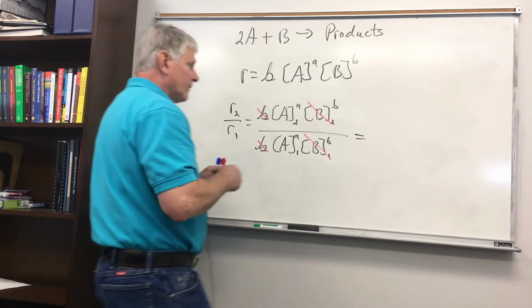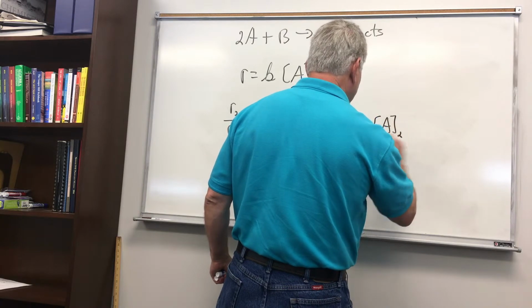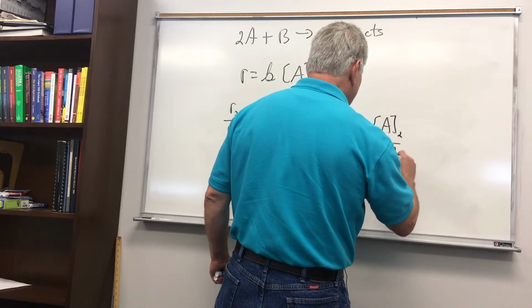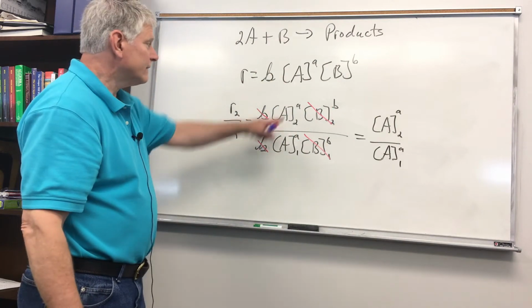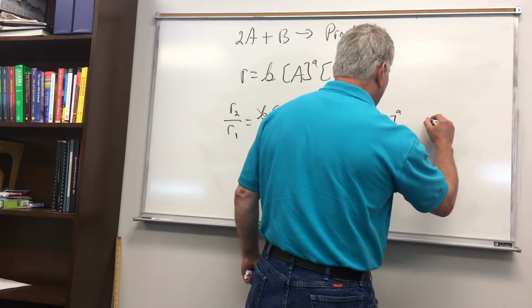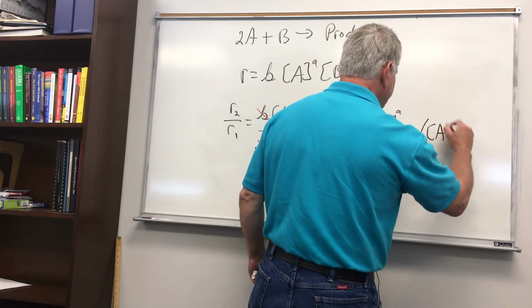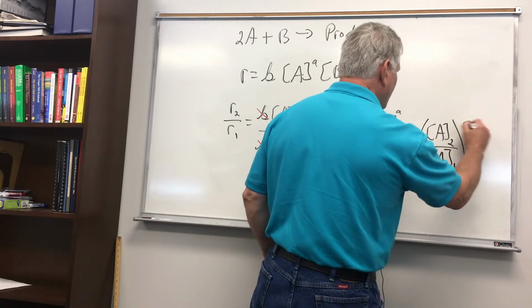So now I can write this as the concentration of A for experiment 2 divided by the concentration of A for experiment 1 raised to the little a power, and I can factor out the power like that.